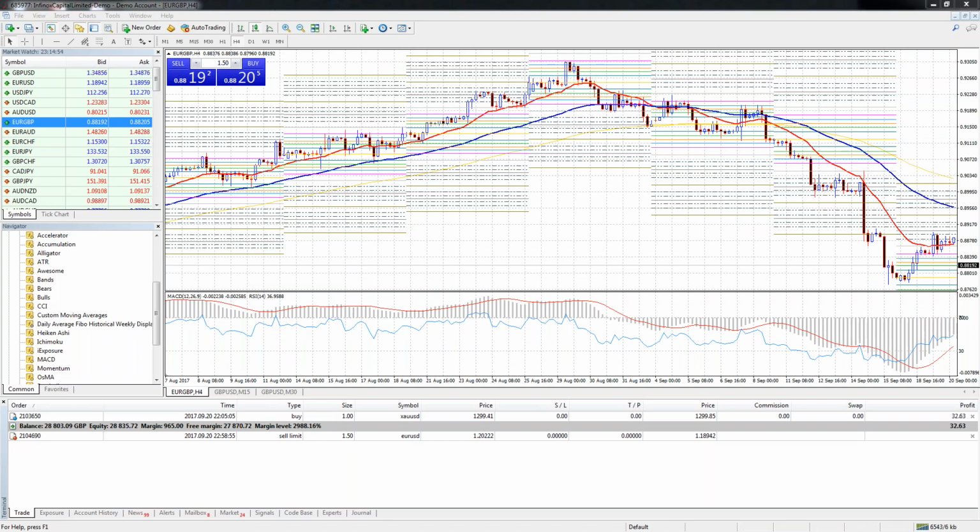Again, 0.93 is a round number. It's 9.3, just like 9.1 is 100 pips, 9.2, 200 pips, 9.3, 300 pips. So it's not a 1,000th level like 0.9, 0.8, 1, 1.1, but it's a 100th of a round number. So again, quite notable, and it stopped bang on 0.93.